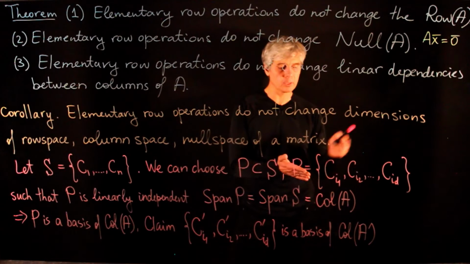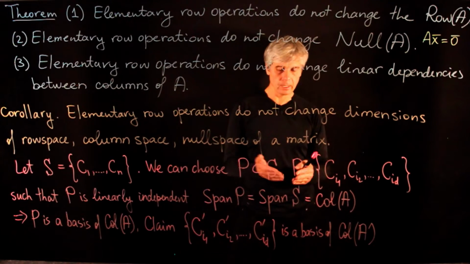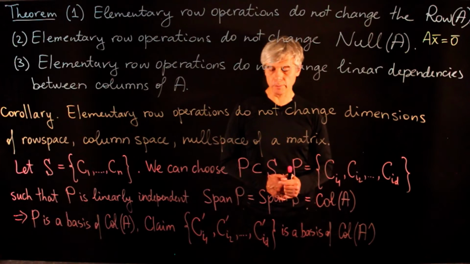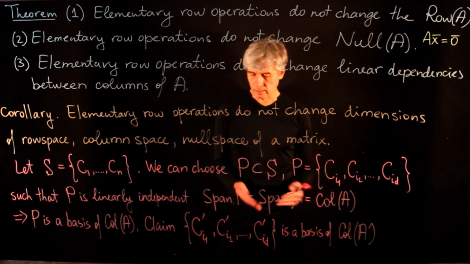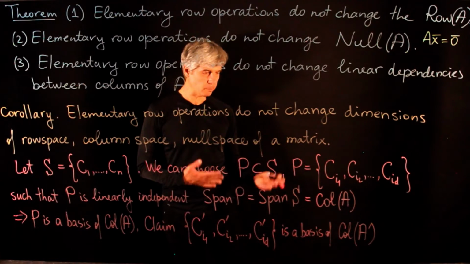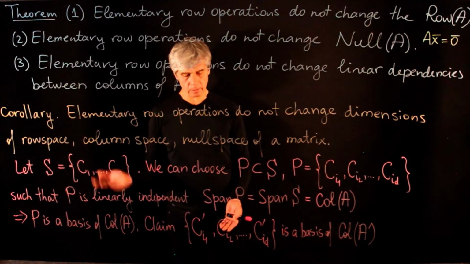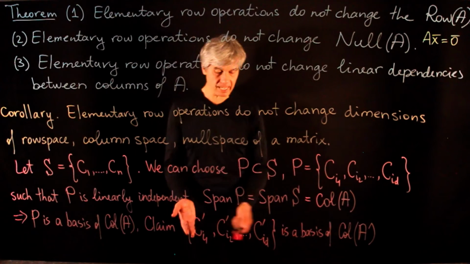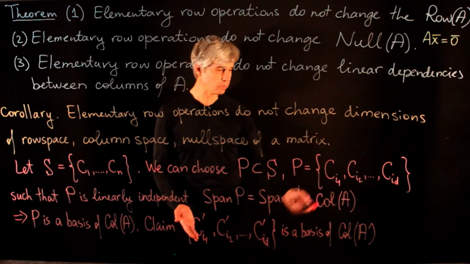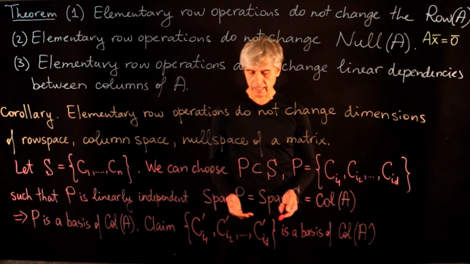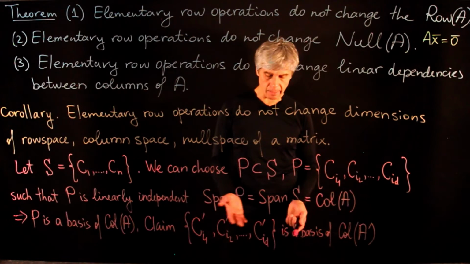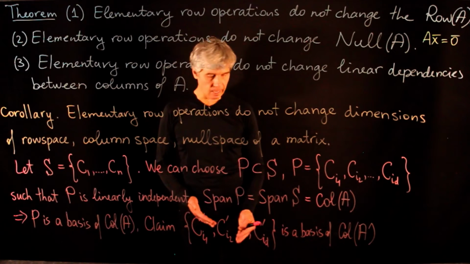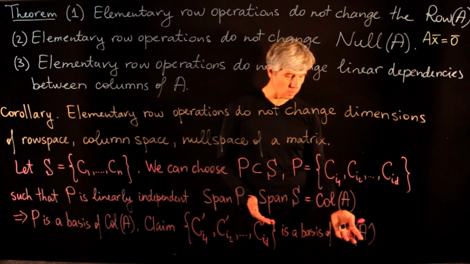Or if we just take any other column in matrix A, then it will be a linear combination of columns from P. But because linear dependencies between columns are preserved, this other column in the matrix A prime will have the same expansion in these columns as we had here. And so this means that this set of columns is linearly independent, and it spans the column space of A prime.